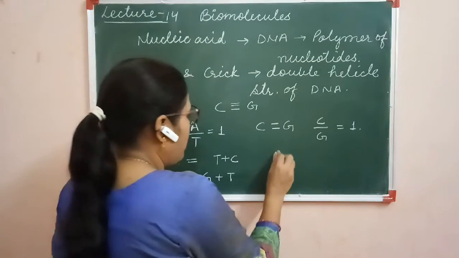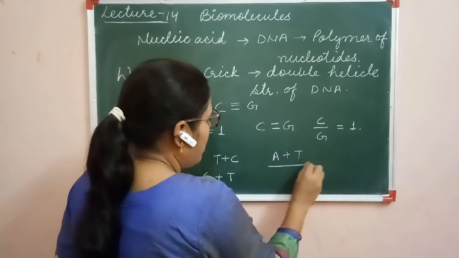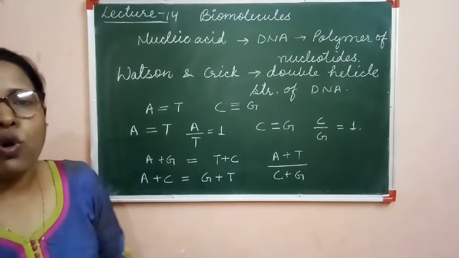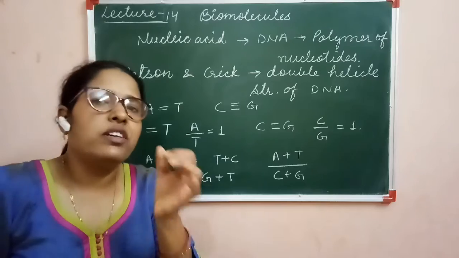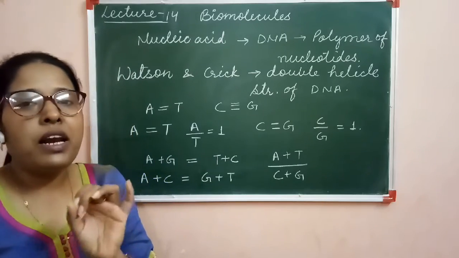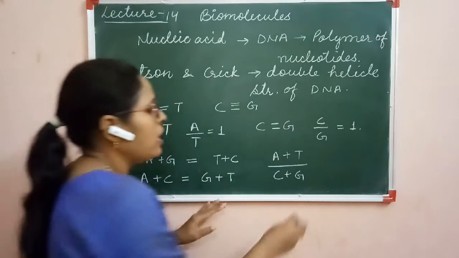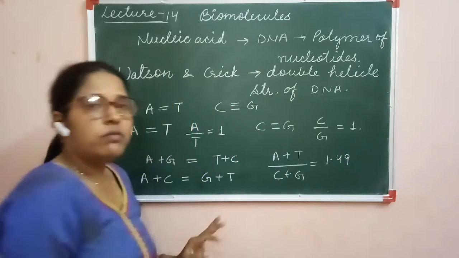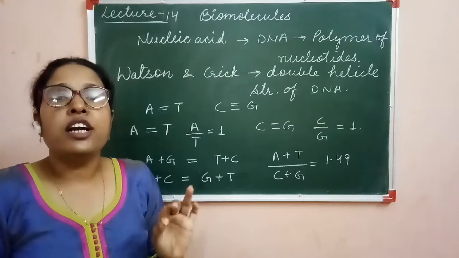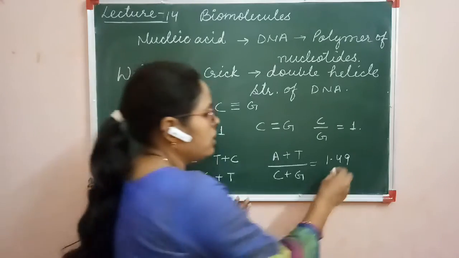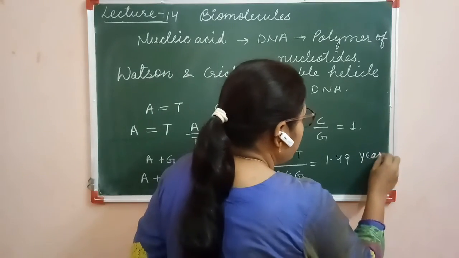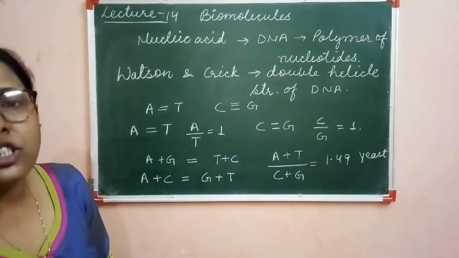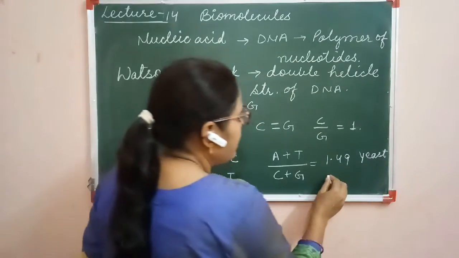The ratio A plus T upon C plus G is variable in different cells. For example, in yeast it is 1.49, and in T2 bacteriophage it is about 1.86.